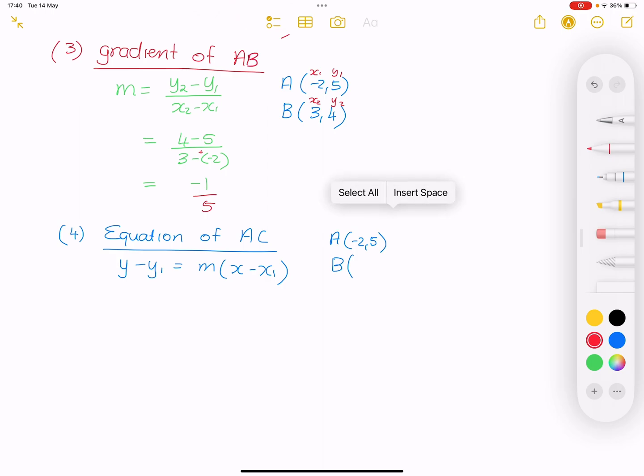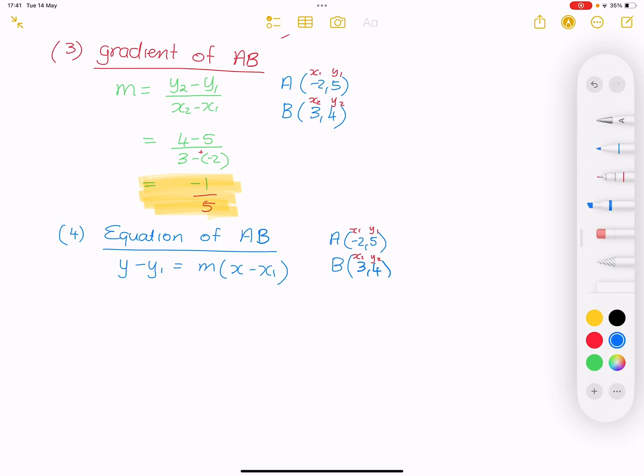And then we also do here the equation of AB. Okay. So, and B is the point (3, 4). Now again, you see that is x1, y1, x2, y2. Okay. So now we use the gradient here.